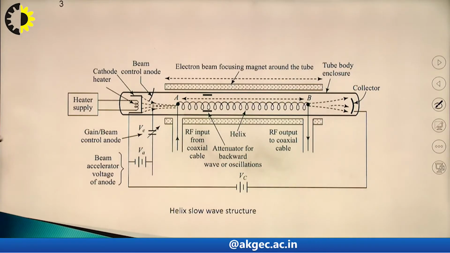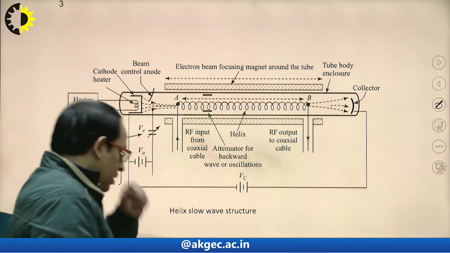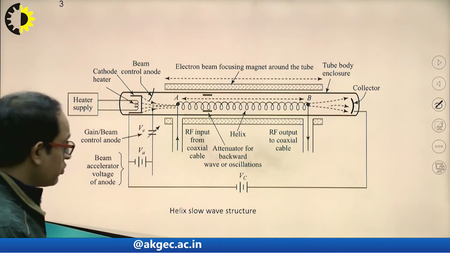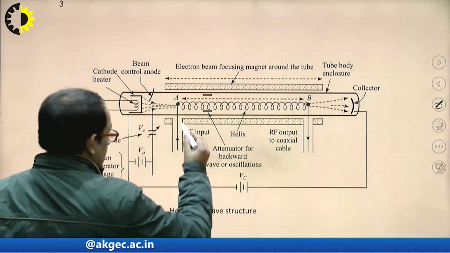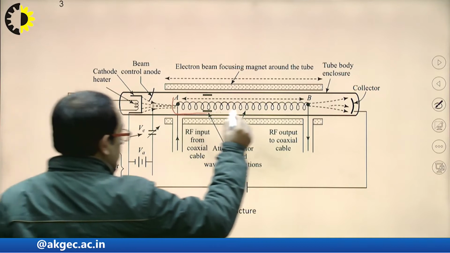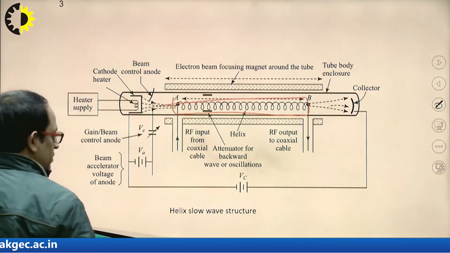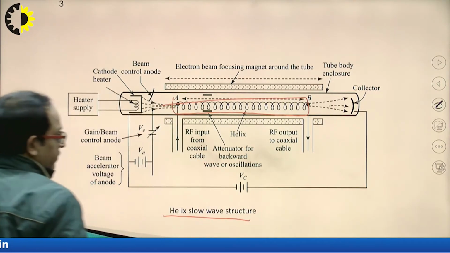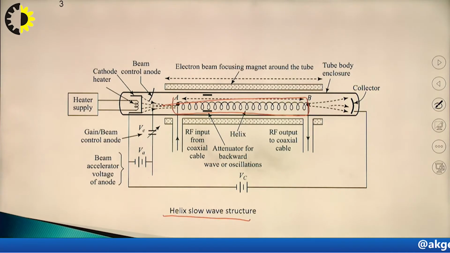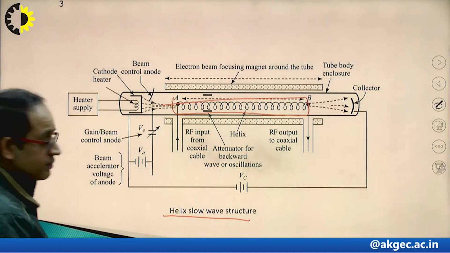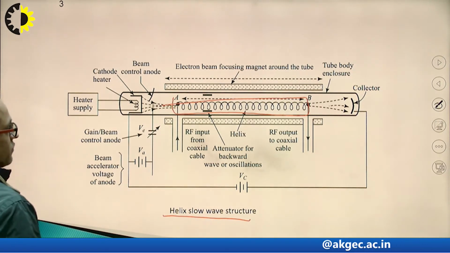Now see this from this figure. This is a TWT amplifier, and the slow wave structure which we are using is a helix. That is known as the helix slow wave structure, which slows down the velocity of the wave so that maximum interaction will take place.